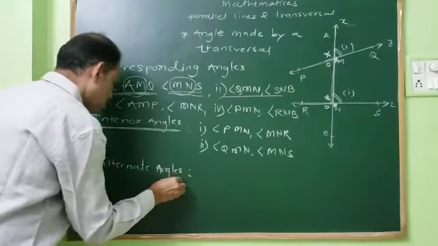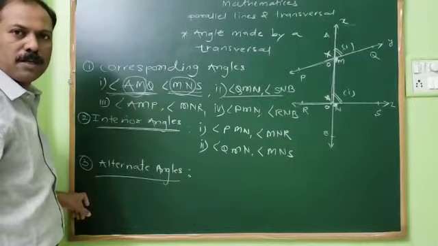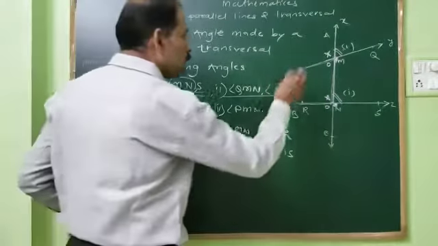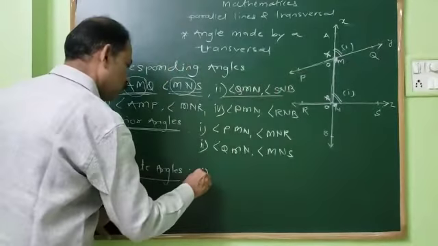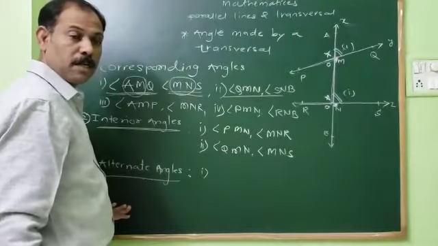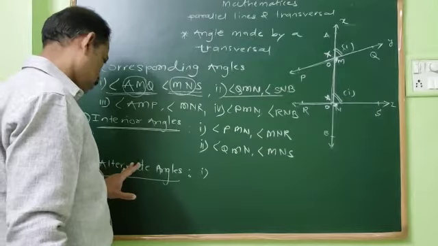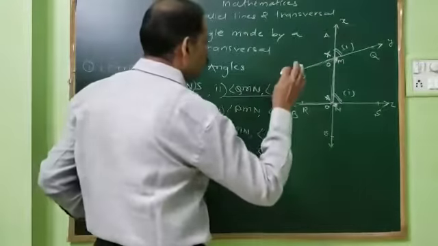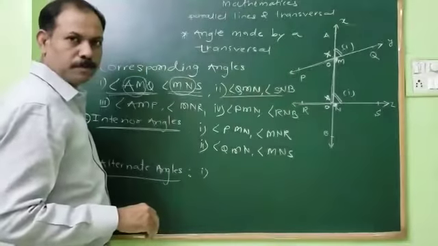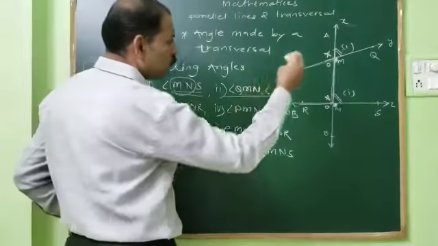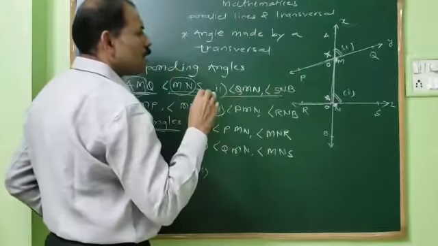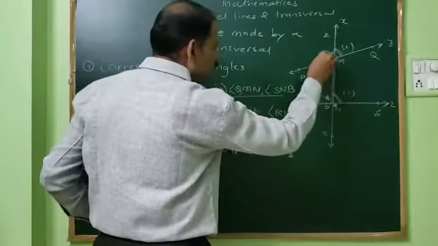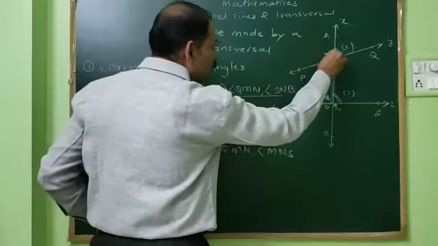Now the third pair of angles is alternate angles. Here I am writing the first, interior alternate angles. If a pair of angles is on opposite directions, the direction of the angle is opposite with respect to the transversal.